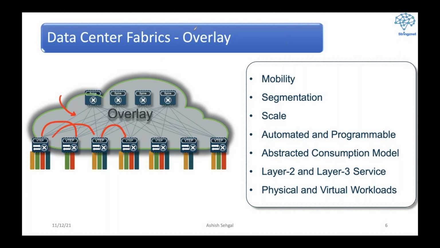Here, in case of overlay in VXLAN, these edge devices are no more called edge devices, but they are called tunnel endpoints. And since they represent a virtual, we call them VTAP. You know what? While telling you about the introduction of VXLAN, I am also covering the terminologies to be used in VXLAN.